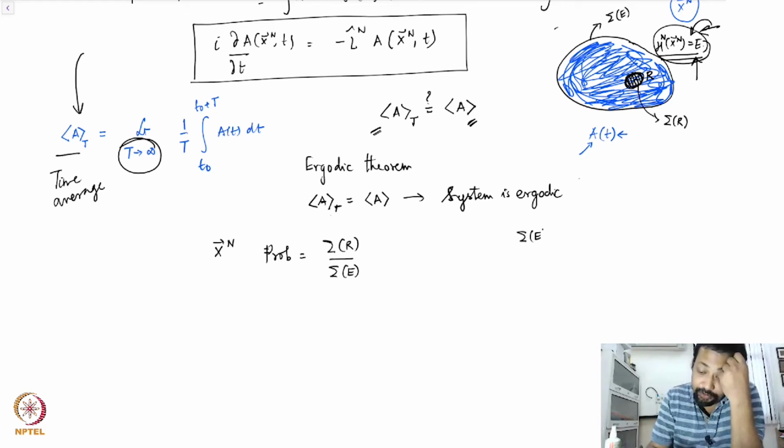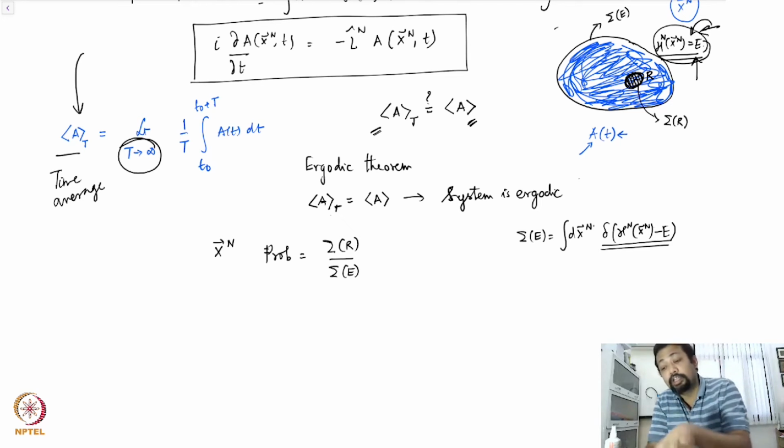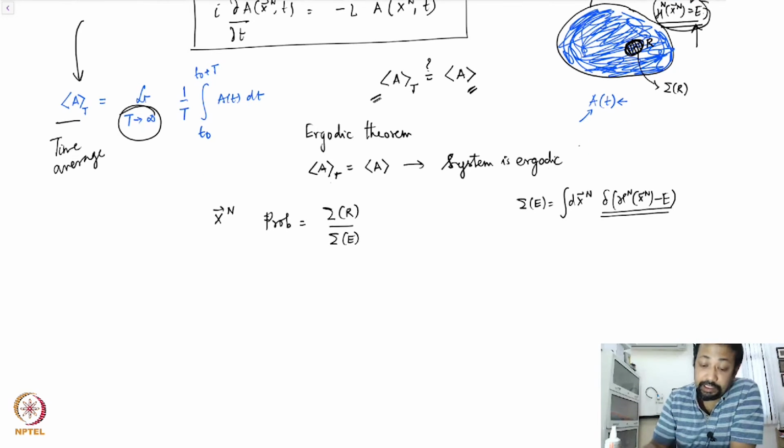Sigma E is formally defined as the integral of d of xn delta of hn of xn minus E. So essentially the delta function guarantees that the tip of this vector only takes into account the surface area contained within this volume, right? Now since the flow is ergodic, the time average is equal to the phase space average.